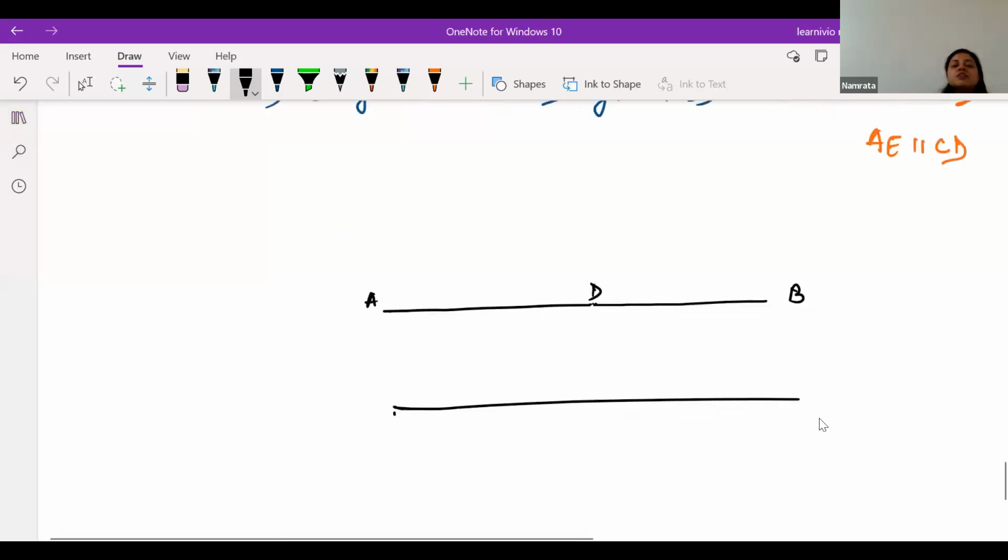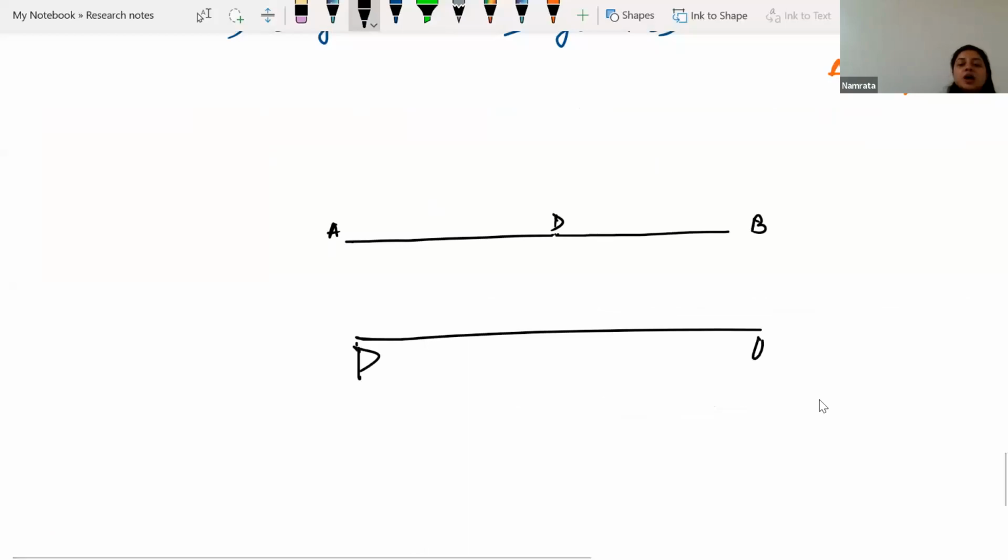So I am saying, if AB and PQ are parallel lines, then if you erase some part of AB, earlier AB and PQ were parallel to each other.